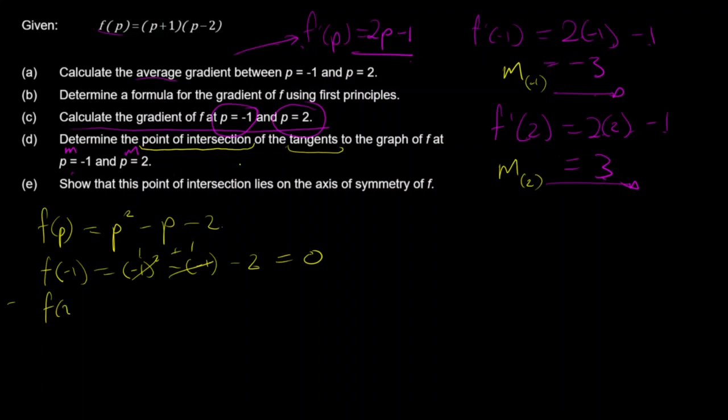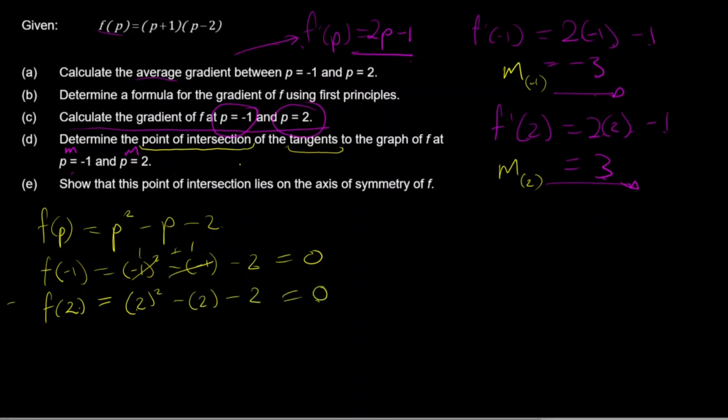How about f of 2? Oh, my 2's are looking ugly this year. Not that they were much better last year, or the year before. 2 squared is 4, minus 2, well, we have 0.